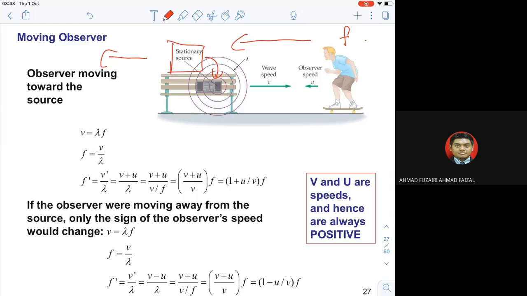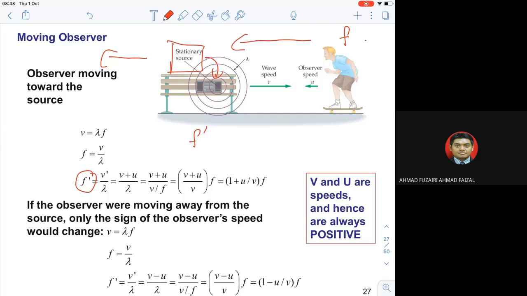So that's why for the observer's frequency, they put a prime, f prime. Why f prime? Because f prime keeps changing. It doesn't stay at one value only. For the stationary source, the observer will hear a different frequency as he moves towards the sound.